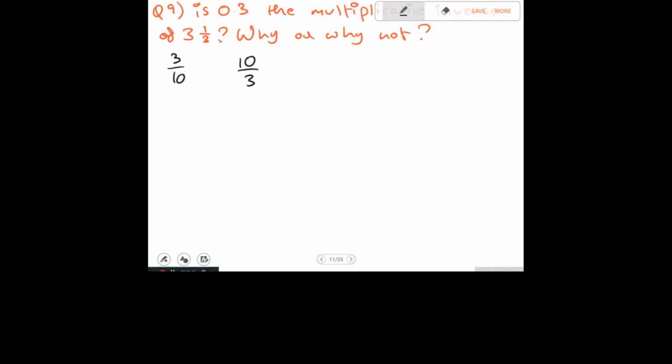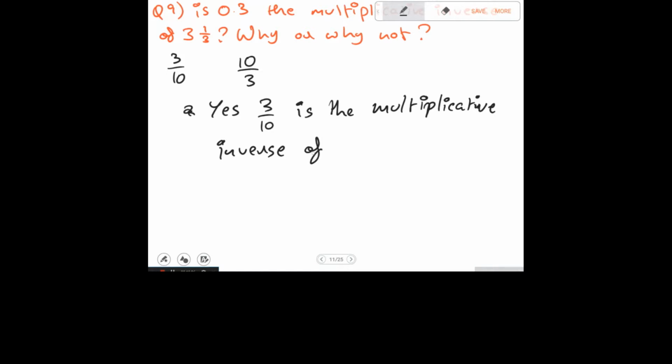So yes, 3 by 10 is the multiplicative inverse of 10 by 3, or actually we can write this as 0.3, and over here we can write it as 3 1 by 3 according to the question.